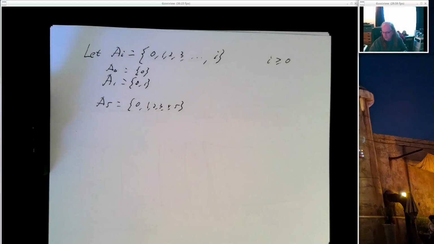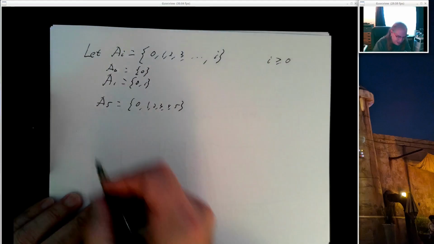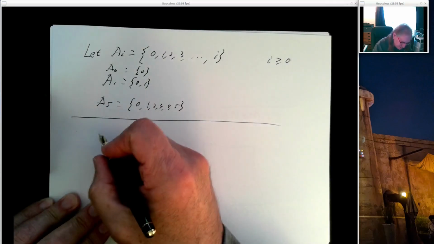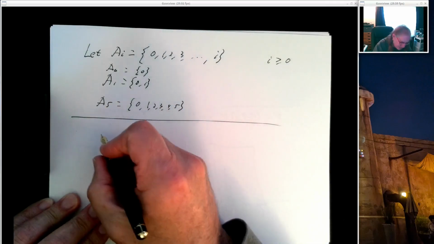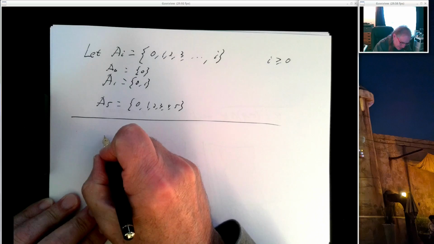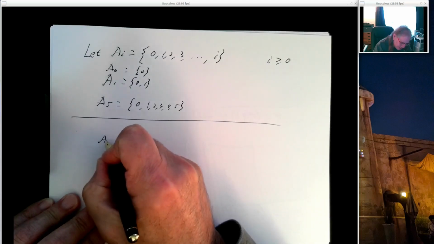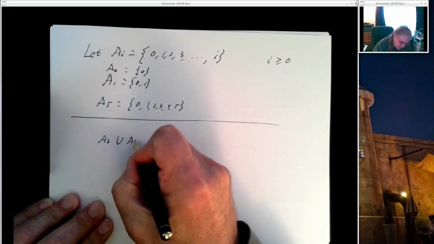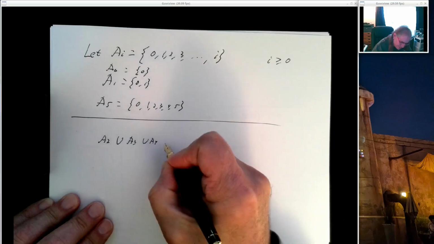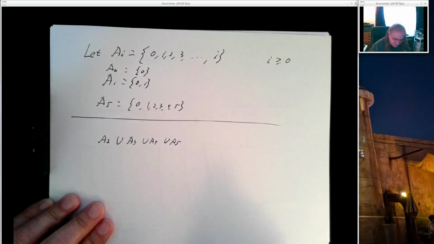So I can define collections of sets, and we can do some of these set operations over these collections using an idea from algebra. For example, suppose I wanted to do A2 union A3 union A4 union A5.